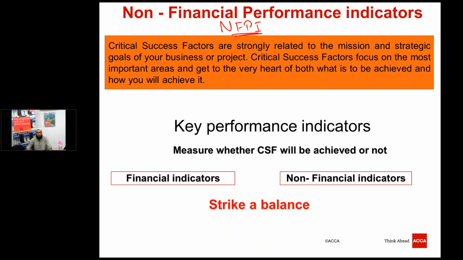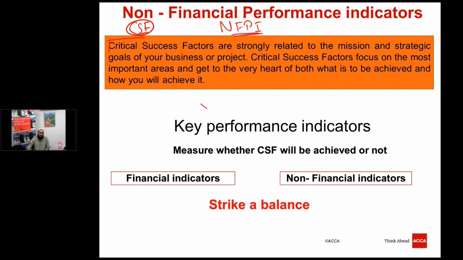My dear friends, we are still short of time, but I will try my best to give you the best knowledge as regards NFPIs. Before I move on to NFPIs, I just want to discuss a short concept of critical success factors, known as CSFs. Now, what are CSFs?